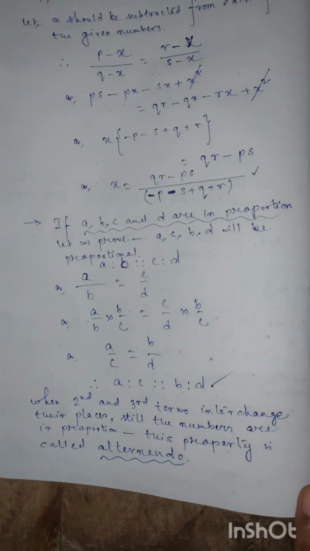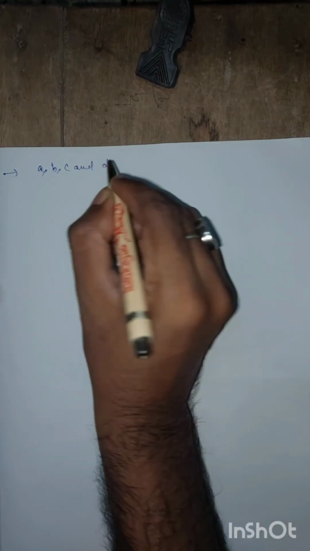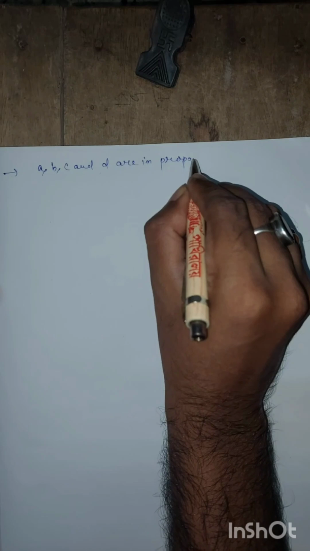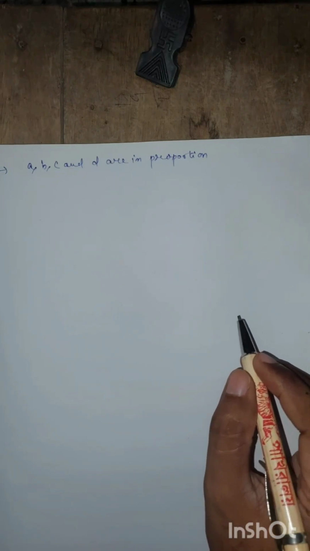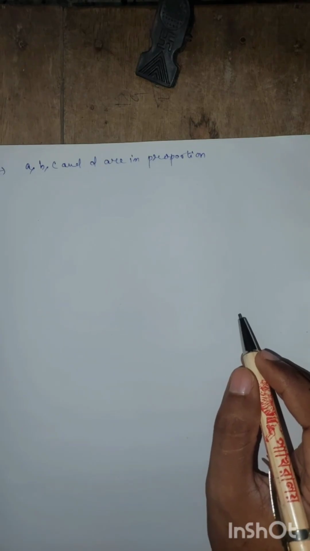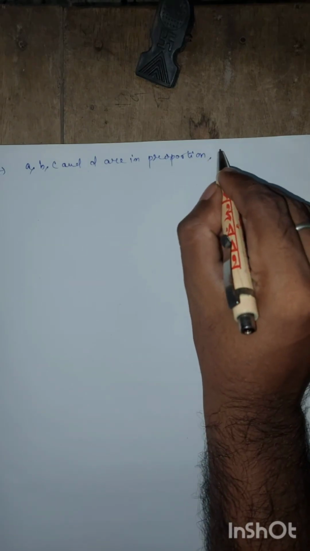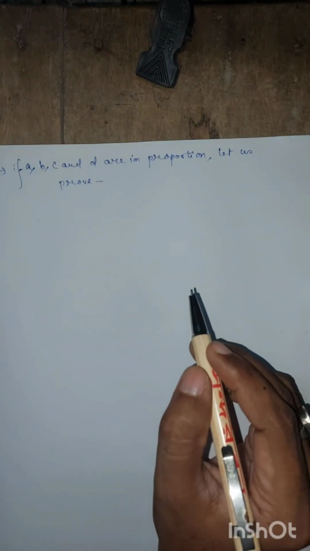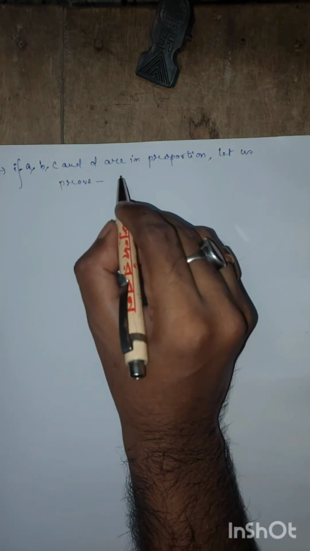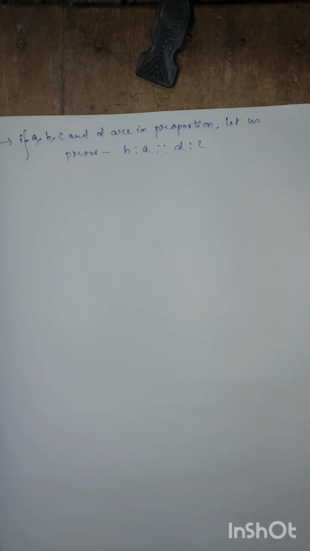Now, second property. Four numbers A, B, C, and D are in proportion. Let us prove. So let us first write.